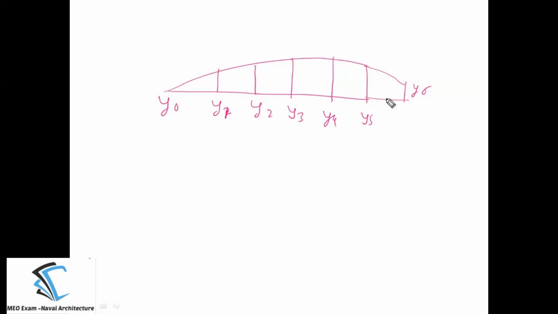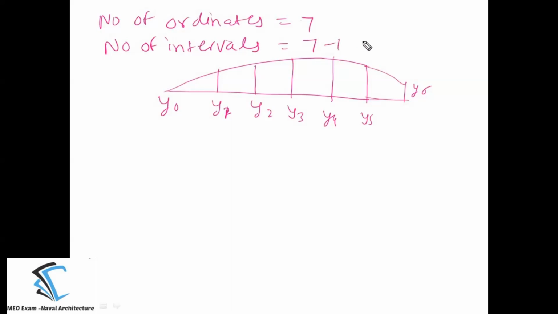We have 7 ordinates, and the number of intervals is 7 minus 1, which is 6, and 6 is completely divisible by 2. You can use the trapezoidal rule.